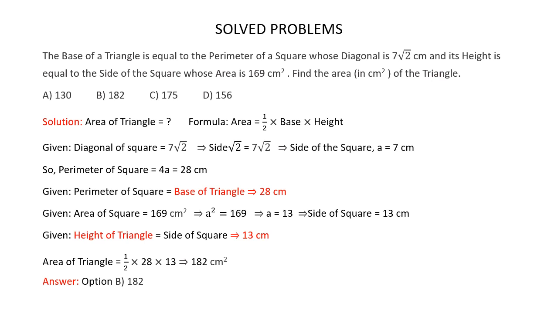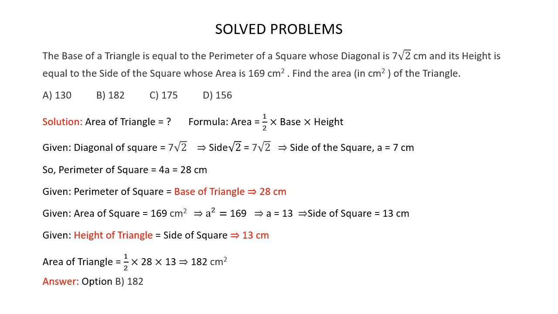Now we know that the formula to find area of the triangle is area is equal to half multiplied by base multiplied by height. So if we know the values of base and height, we can easily find the value of the area of the triangle. Now it's given that diagonal of the square is 7 root 2.